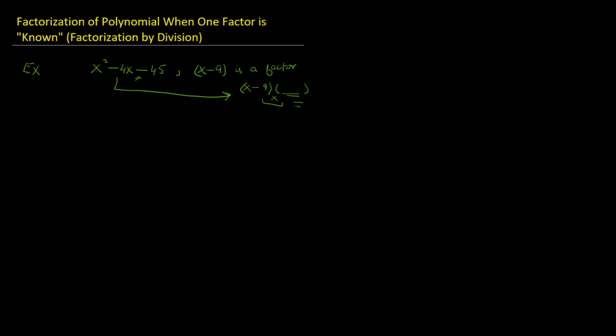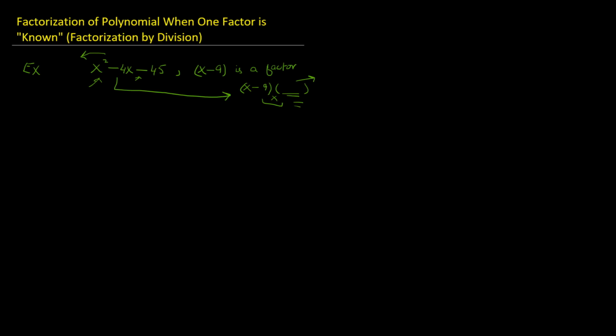This is the idea, that if you know one factor, you simply divide that polynomial with that factor and you will get another polynomial. And if it is only a 2 degree polynomial, then you will get the second factor and it will be factorized. If it's a 3 degree polynomial, you will get a 2 degree polynomial because the degree will be reduced by 1. So this you should understand.